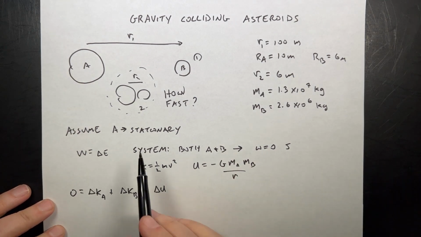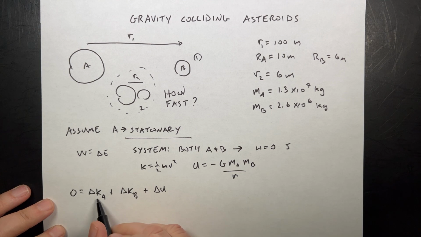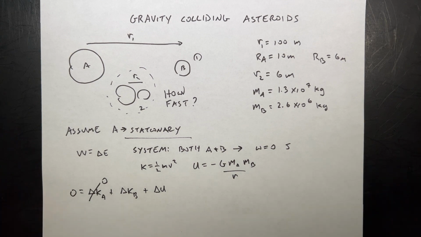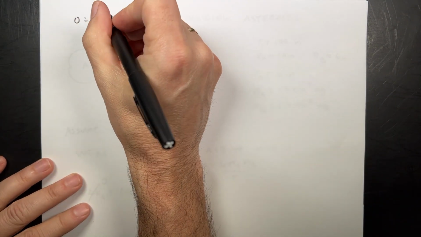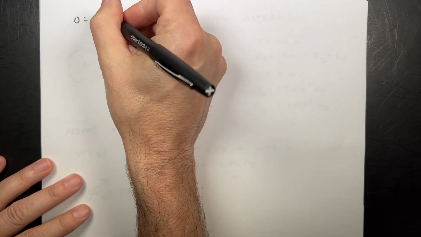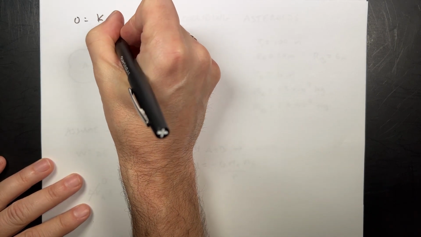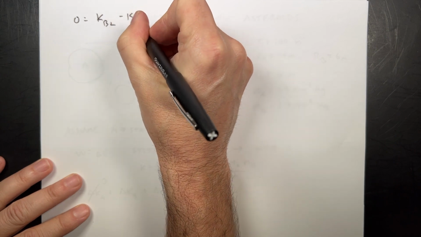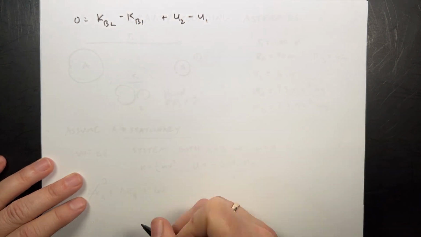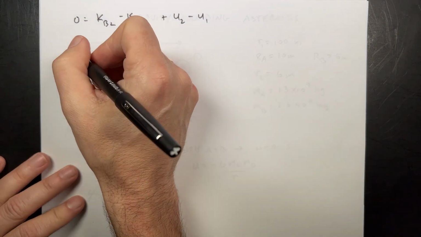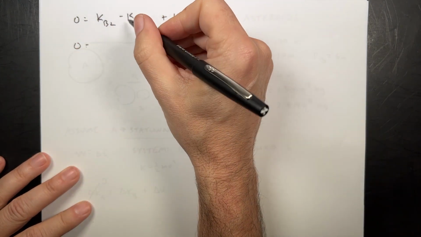Now, I already said, if we're assuming A is stationary, then the change in kinetic energy of A is 0. So that means I get the following. 0 is the change in kinetic energy of B, so it's going to be KB2 minus KB1 plus U2 minus U1. Let's go ahead and put expressions in for this. Oh, and this is 0, right?